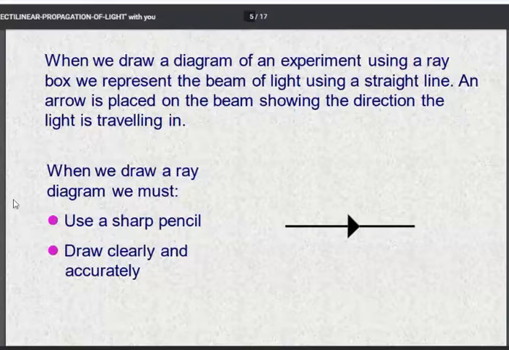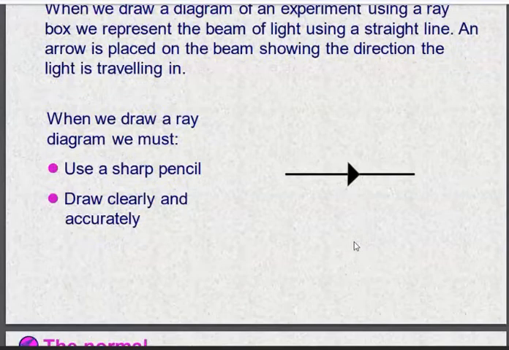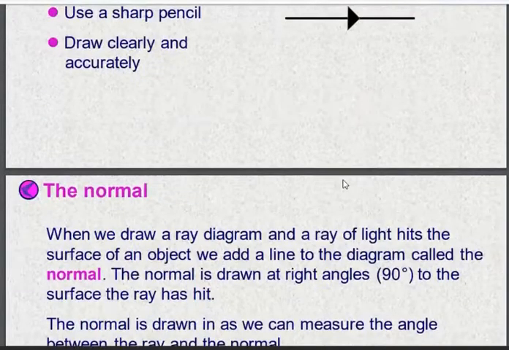When we draw a ray diagram, we must place an arrow over the end of the line or anywhere on the line indicating the direction of propagation of the light. Use a sharp pencil and draw the ray of light clearly and accurately.